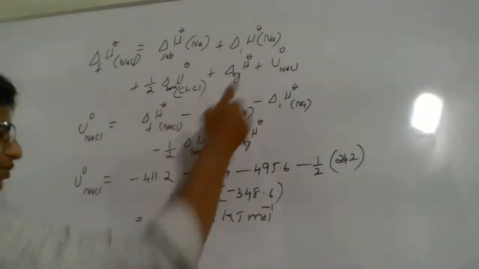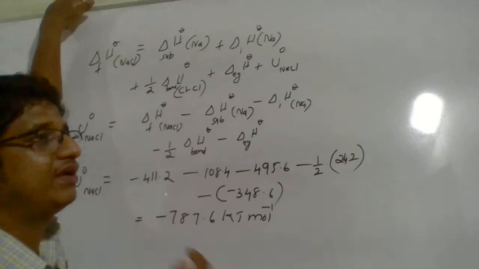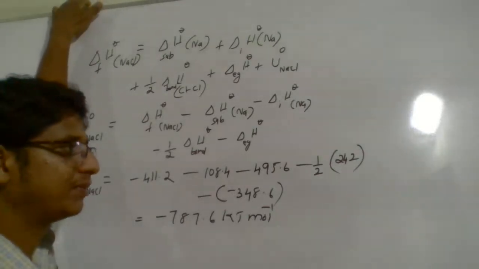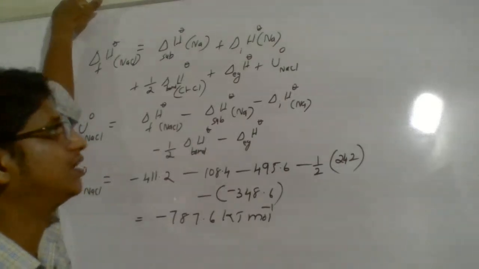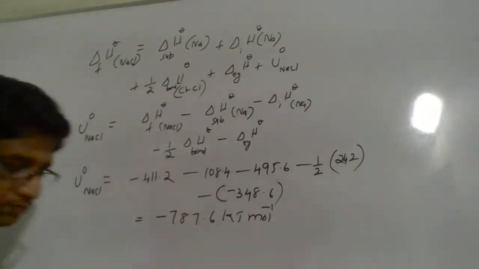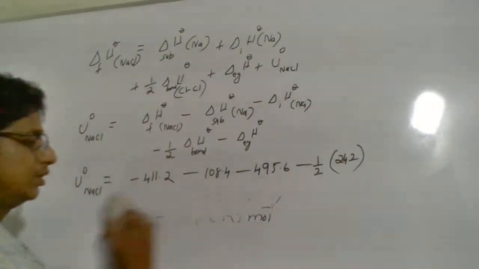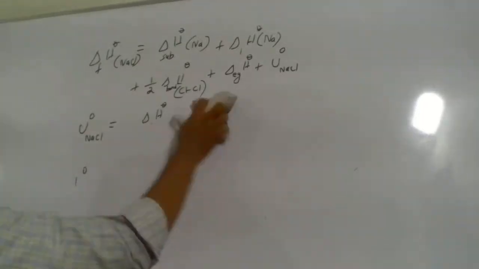Lattice enthalpy value should be negative because it's the amount of energy that is released when 1 mole of an ionic compound is formed from its constituent ions. So lattice enthalpy will be negative while applying the Born-Haber cycle. So let us do the next problem.